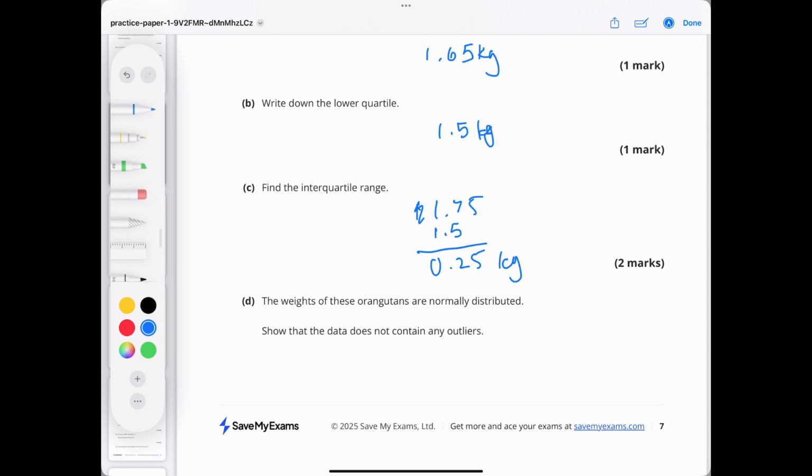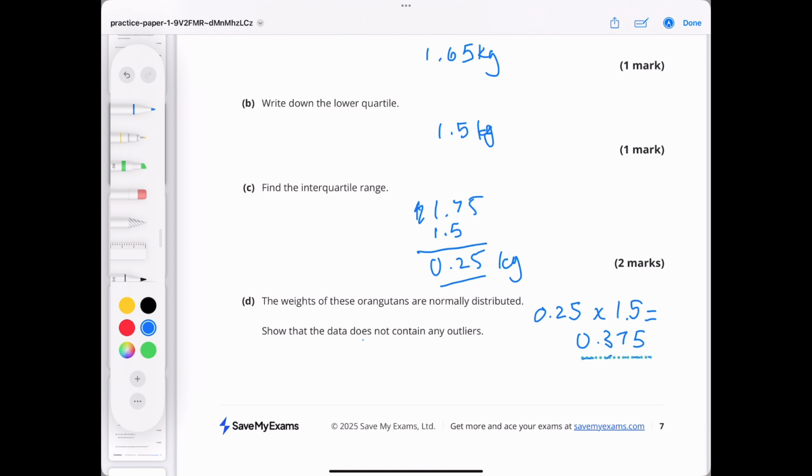Well, what we do is we take the interquartile range, which is 0.25, and we times that by 1.5, and that gives us 0.375. And then we see whether all the data is within this range.